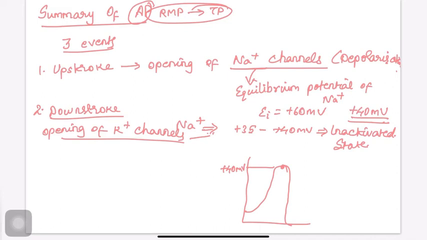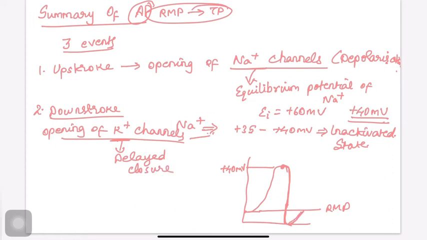As the positive charges are lost from the cell, the inside negativity increases. So the membrane potential goes beyond the resting membrane potential. Why? As potassium channels are characterized by delayed closure, the downstroke goes beyond resting membrane potential.